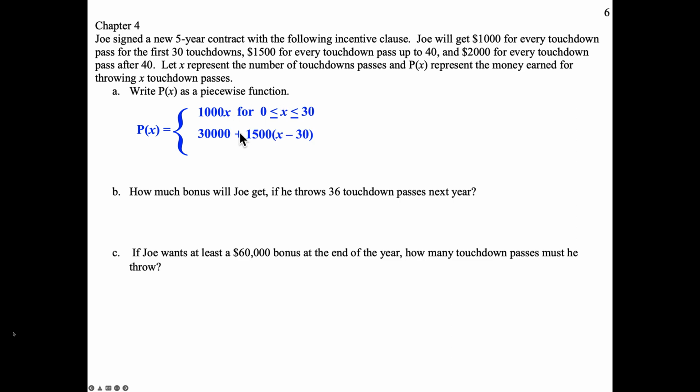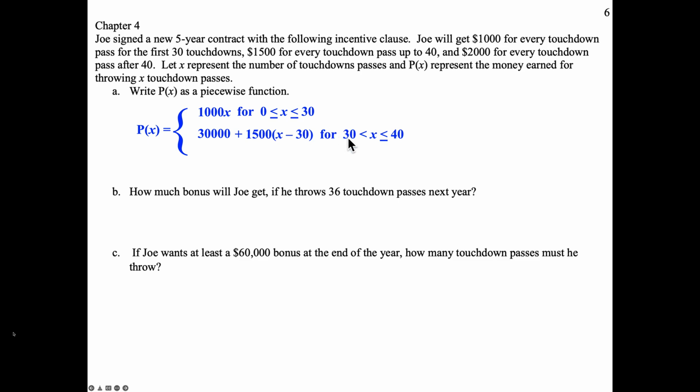Then we're going to add 1,500 times every touchdown pass after 30. So you have to take your x and subtract 30. So for example, if he threw 35 touchdown passes, 35 minus 30 is 5. You only get 1,500 times 5 touchdown passes, not all 35.